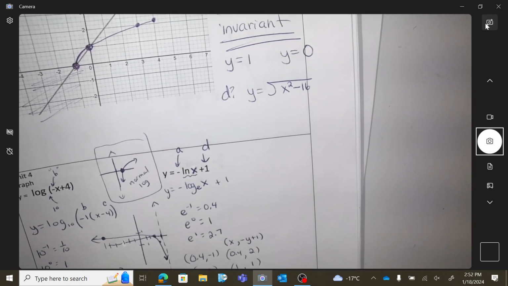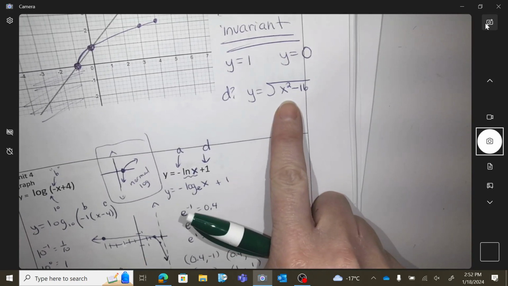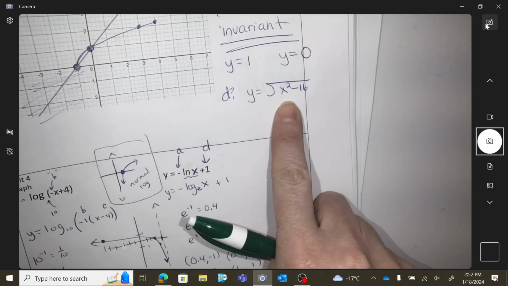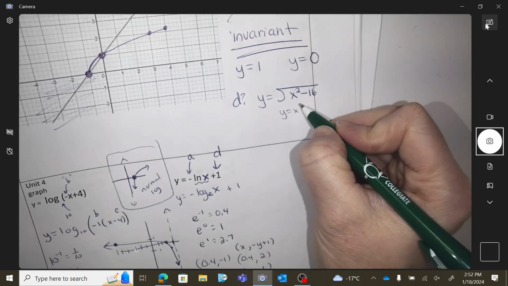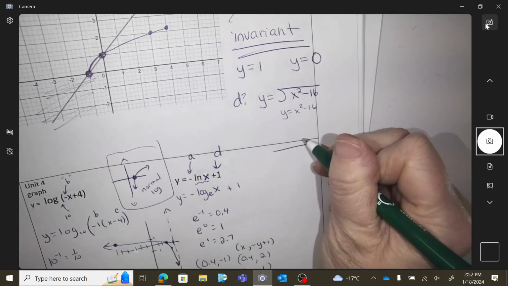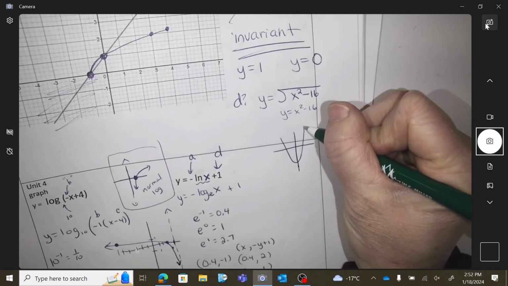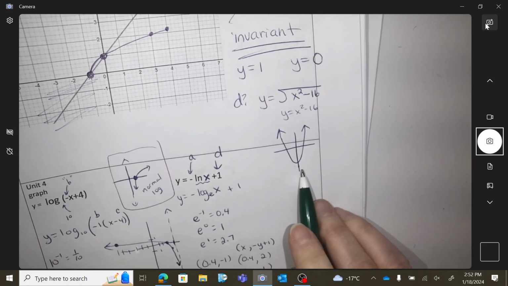How do you go forward? Okay. Well, what do you know about the equation y equals x squared minus 16? Without the radical, what do you know? Parabola, where? 16 down.